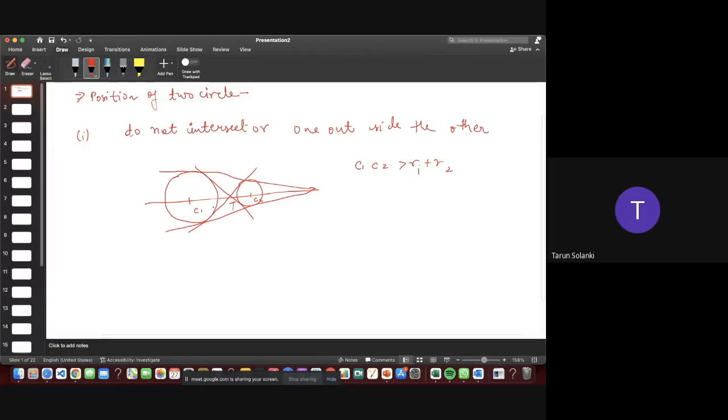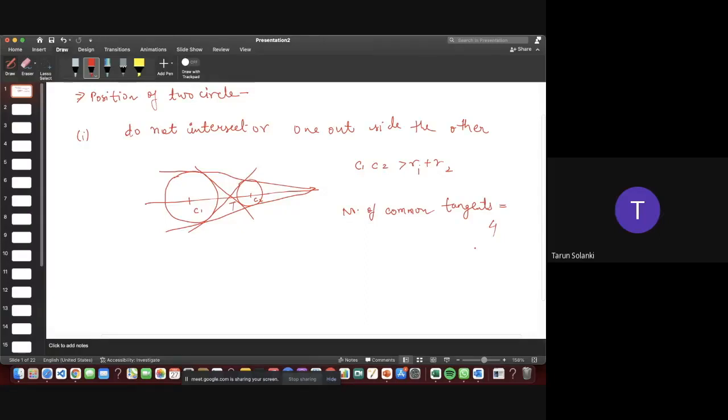So the number of common tangents is 1, 2, 3, 4. The number of common tangents is equal to 4. Okay, this is our first position.